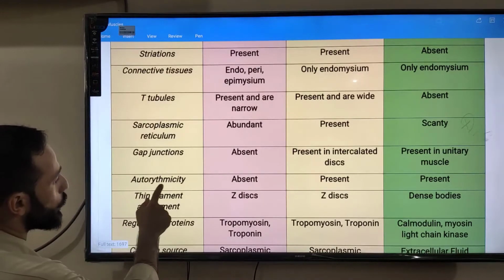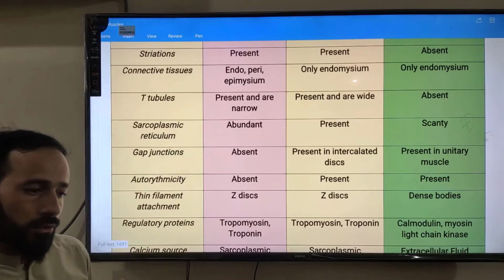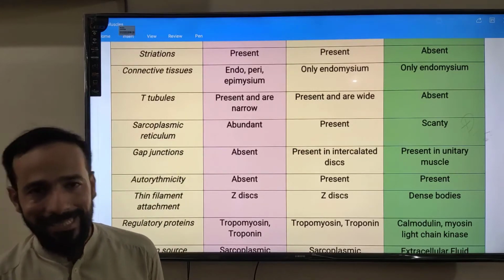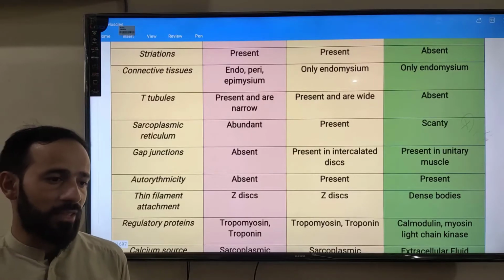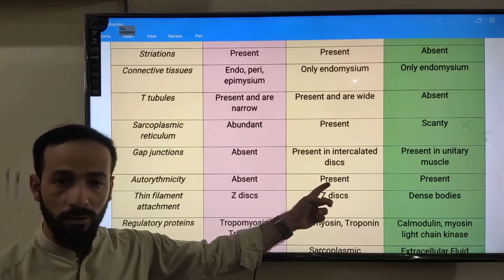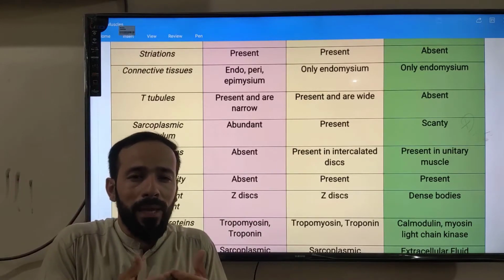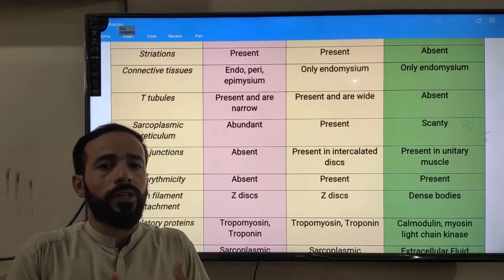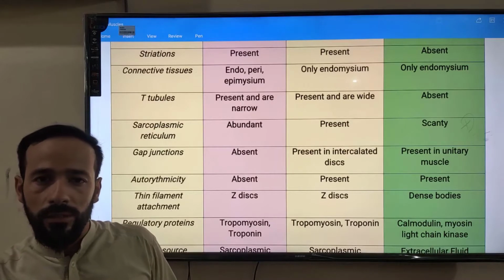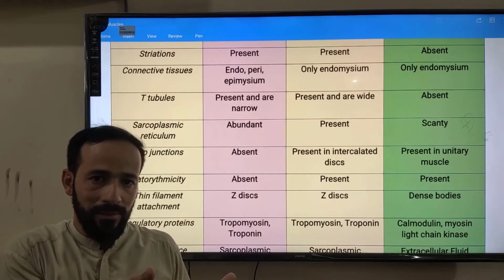What about the autorhythmicity? Autorhythmicity means that these muscles have the property of automaticity. Automaticity means, for example, that cardiac muscles in our body have the tendency to auto-rhythmate themselves, to auto-generate current, to auto-generate action potential, to automatically open sodium channels, right?